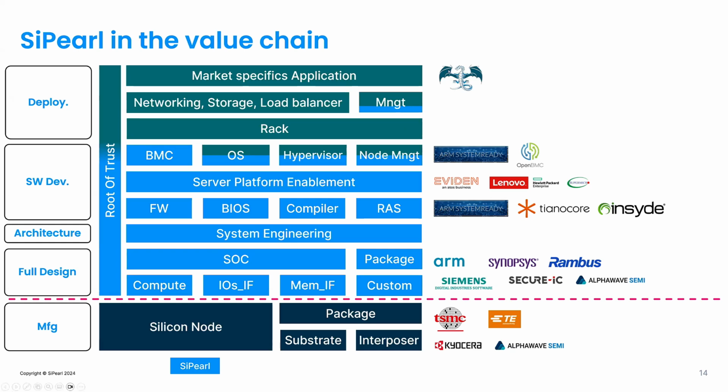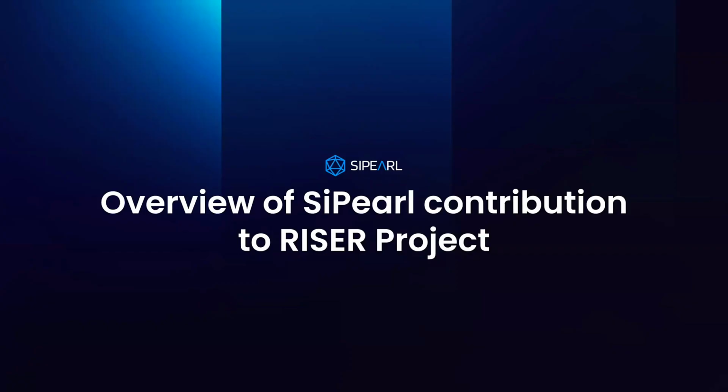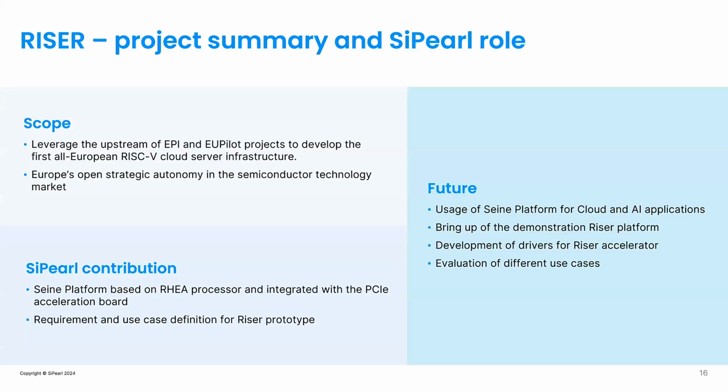So now that we know the market and the server software ecosystem for ARM, it is the right time to have an overview of SiPearl's contribution to the Riser project. As Manoli said before, I will just summarize the scope here, with less information.